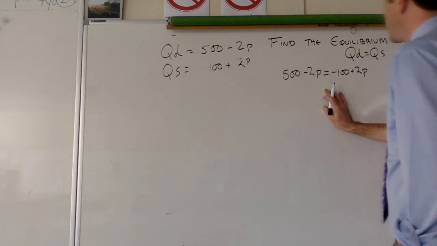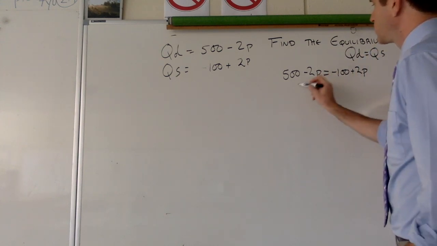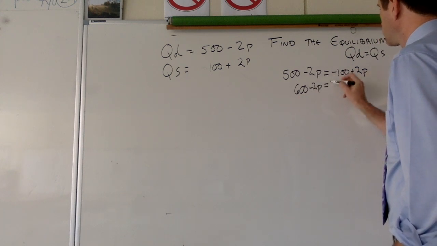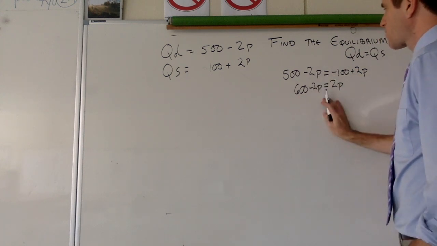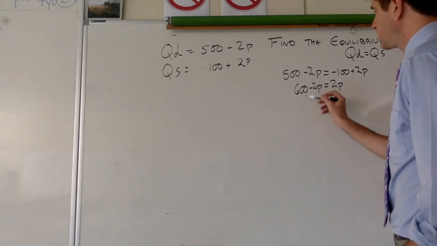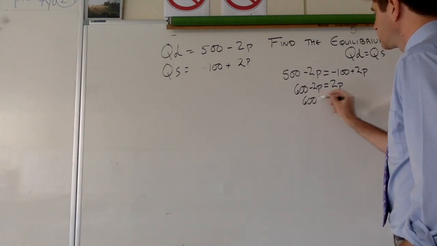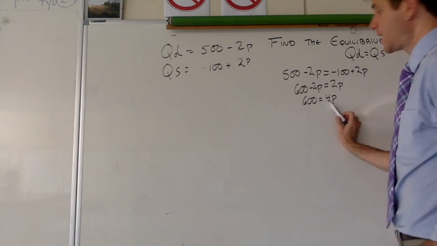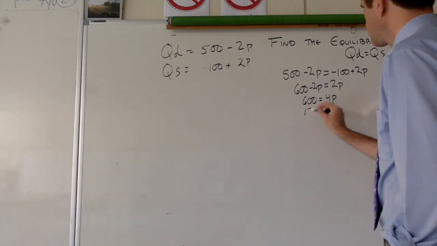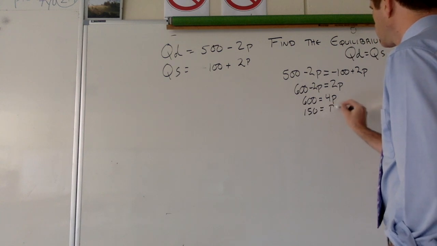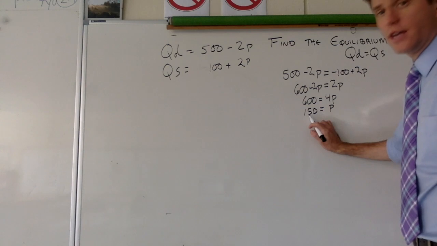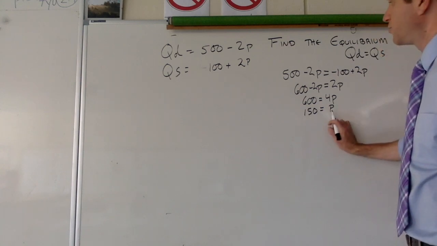Now I'll add 100 to both sides. I'll add 2p to both sides. I'll divide both sides by 4. So now I know that 150 equals the equilibrium price.